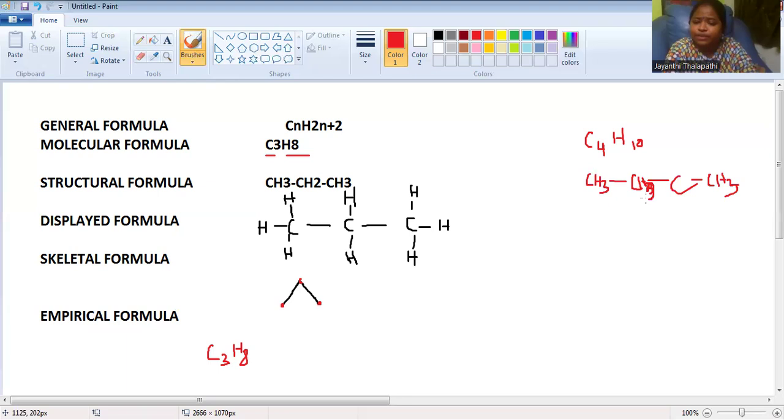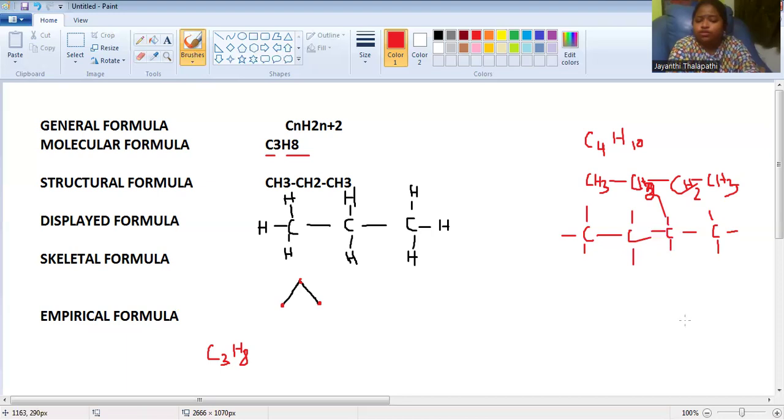When you display it, you will display it the same way, right? How we have shown over here, in a similar way you will display butane, with 4 carbon atoms. The first and last carbon atom are bonded with 3 hydrogen, and these two are bonded with 2 hydrogens. Valency satisfied.